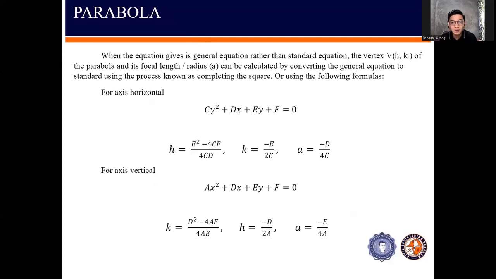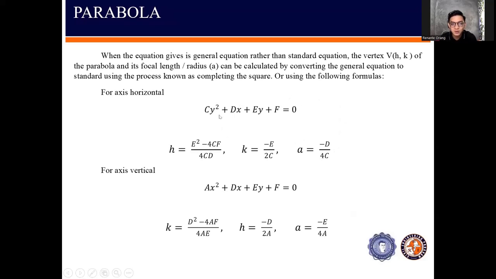Same sa ginawa natin sa ating circle. So, you just need to transfer it, yung ating general equation, into a standard equation. So, meron din tayong formula, again, kung gusto mo na naka-specific. But if ayaw mo, pwede mong i-memorize yung ating standard formula using completing the square.